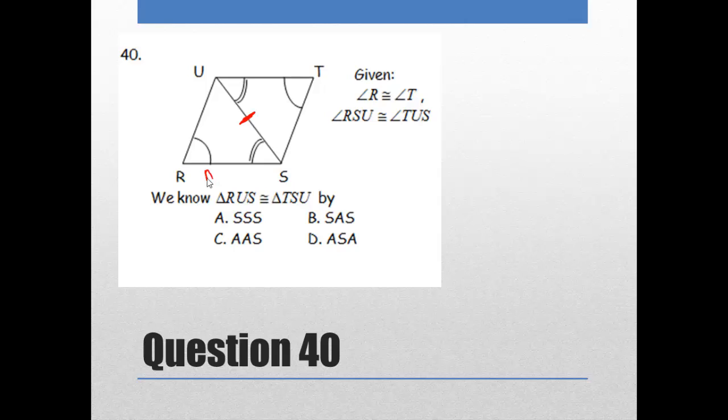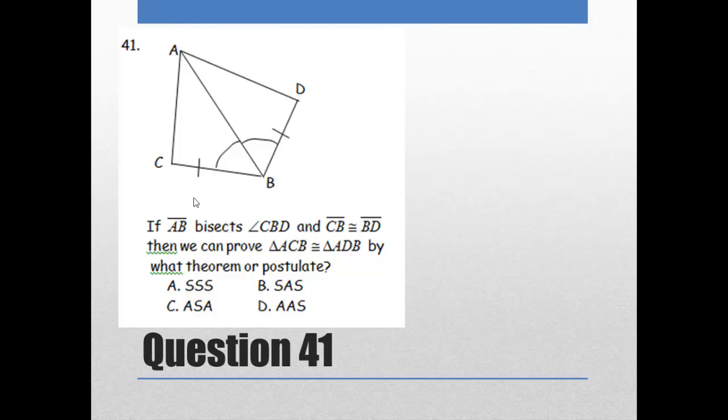So we would have angle, angle, side. Cool, another one. And again, this middle side is shared by both these triangles. So they would have a side, an angle, and a side. Side, angle, side. So SAS.